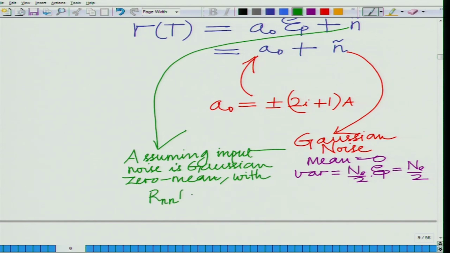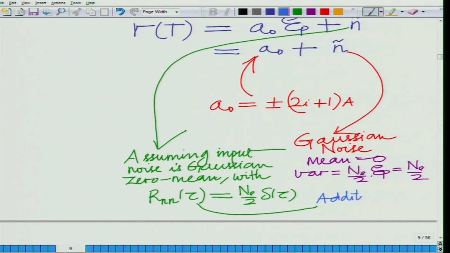R_n(tau) equals N_0 by 2 delta(tau). Basically, this is white noise, additive white Gaussian noise.